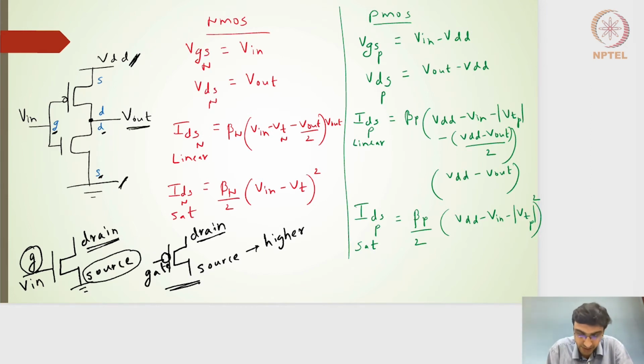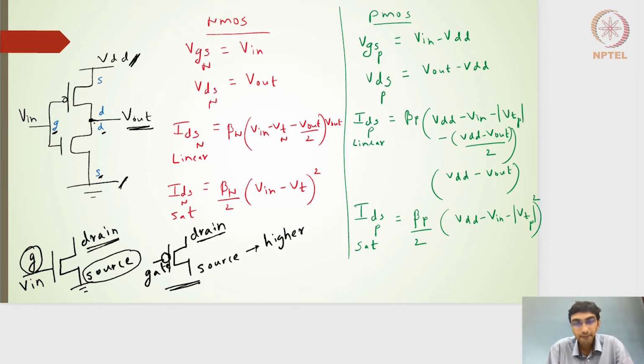The output voltage, taken from these two terminals which connect to each other, the terminal of the PMOS transistor and the terminal of the NMOS transistor, this output node potential can reach a maximum of VDD and a minimum of 0. So this node potential cannot go beyond VDD.